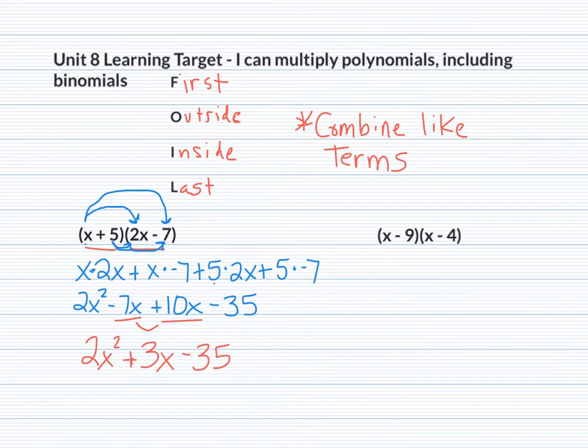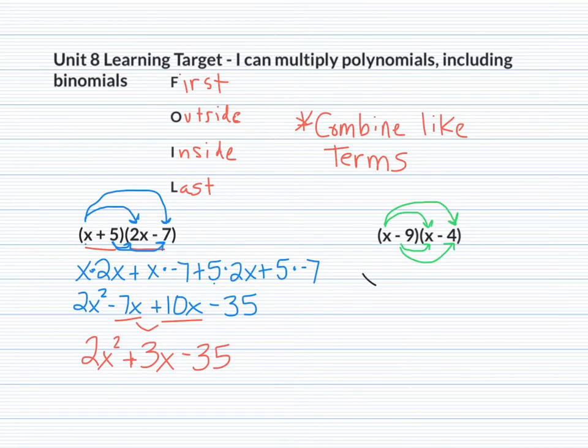Okay, let's look at one other example of that. So first times first, outside, inside, and last. So I'm going to write down what we multiply, and then I want you to simplify that.